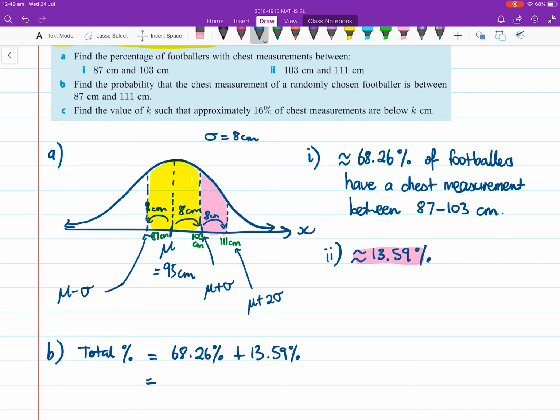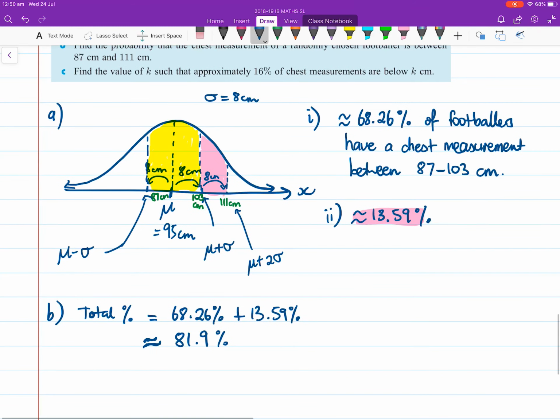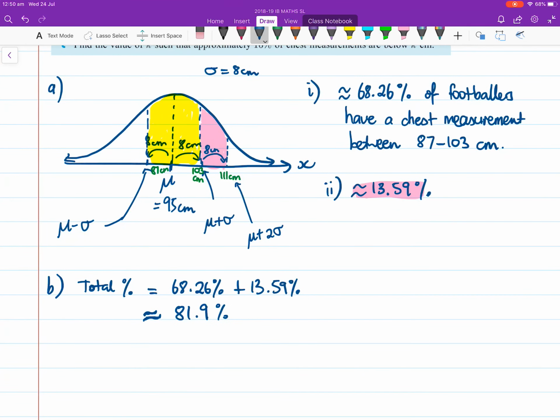which is, I should put approximately, because it's all really an approximation, because we've rounded off. If we do this on the calculator, we get, I've written it down, 81.9%. Okay, so probability though, percentage is okay, but normally probability we give a decimal or a fraction.